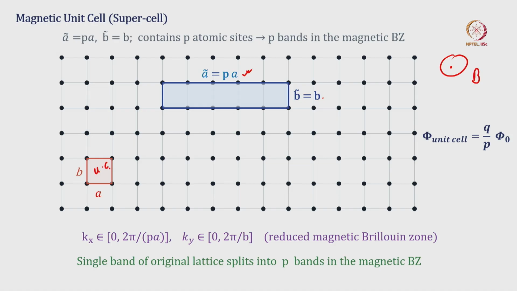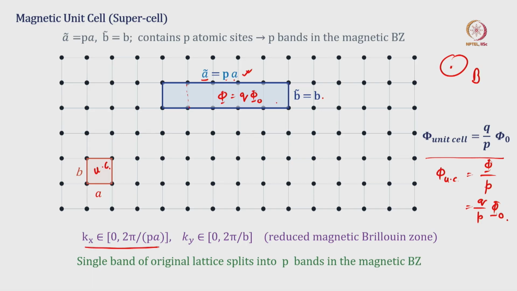And here we made a choice saying that we will make a magnetic unit cell of length p times the original unit cell such that the flux is an integer times the flux quantum, whereas the flux per unit cell is of course the flux divided by p, because this one is made of p unit cells, and that gives us this quantity.